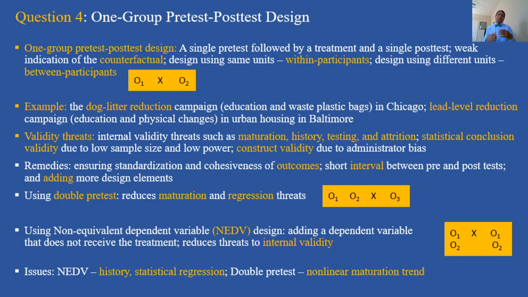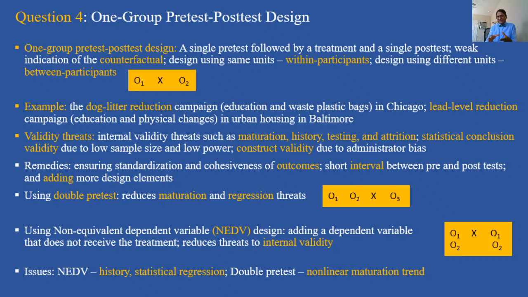So this can be considered as plausible alternate explanations for O1, and eliminating those or adjusting for those will then help us determine whether the treatment was responsible for the outcome measurement differences in O1. So that is what a non-equivalent dependent variable design is.